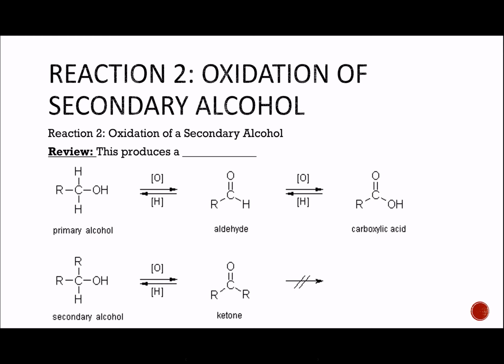All right, so just review. Oxidation of a secondary alcohol would produce a ketone. And let's take a look at a question. It says, compound X is treated with 2 reagents successively, forming compound Z. You end up with a mild oxidizing agent.